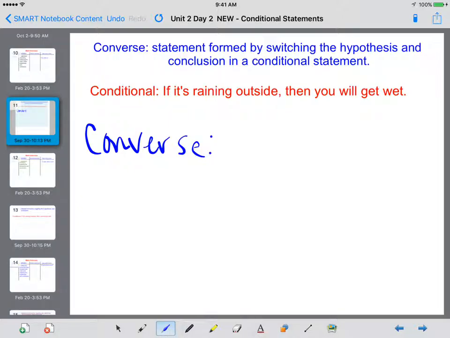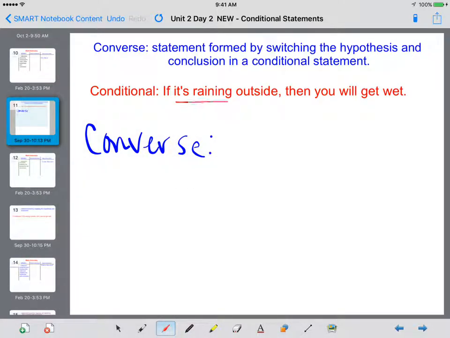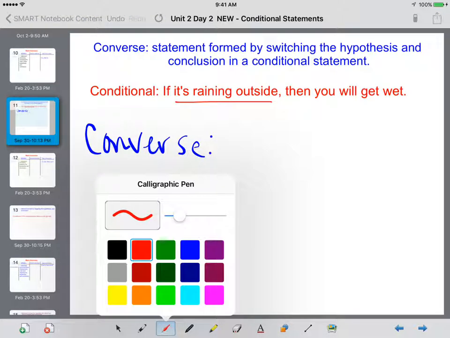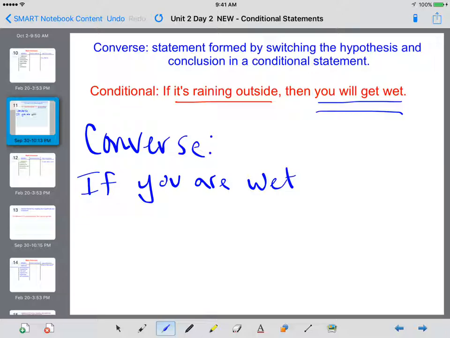The converse, I'll write it in blue here. The converse means we got to switch the order. So if it's raining outside, then you will get wet. That's the conclusion. So if we switch that, we would write it as if you are wet, then it's raining outside.